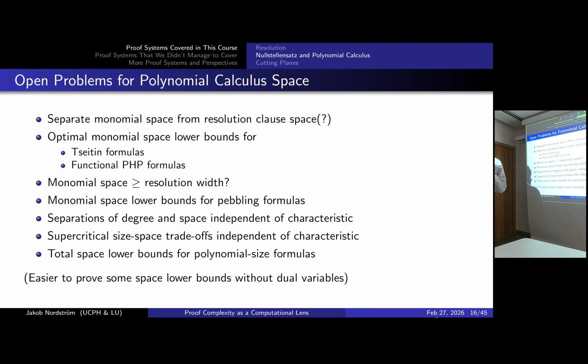And what is interesting is that for some of these problems, all I'm saying now holds for polynomial calculus with dual variables. Some of these problems are easier and have been solved if you don't have dual variables, which is also a little bit weird because usually dual variables or not doesn't matter. Here is an example where somehow space lower bounds are sometimes much easier if you don't have dual variables.